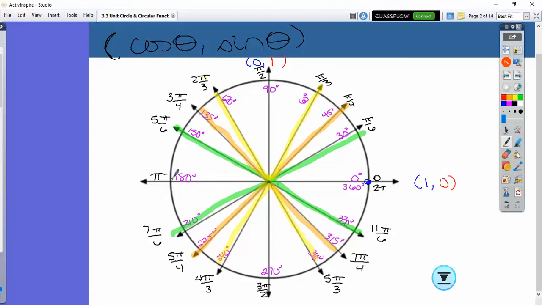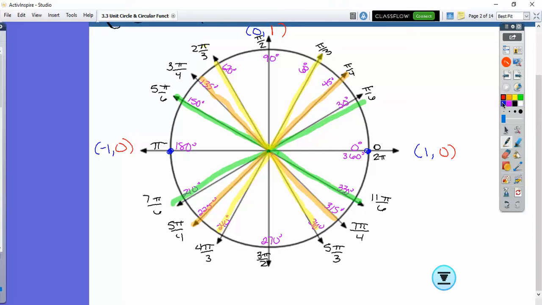This is the point negative 1, comma 0. And this one down here would be 0, comma negative 1. Those were the 4 that we've already used.